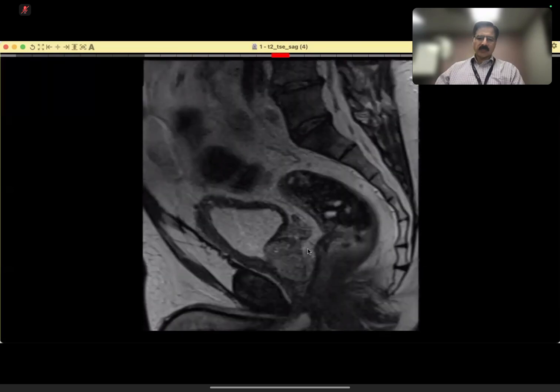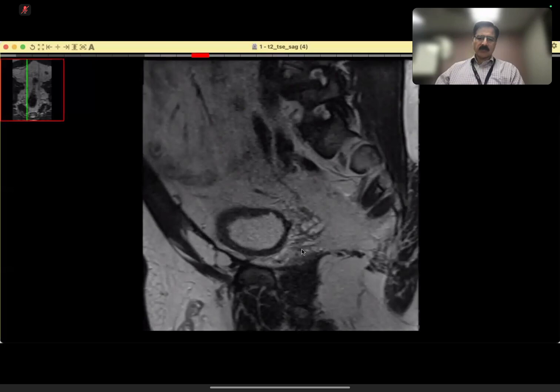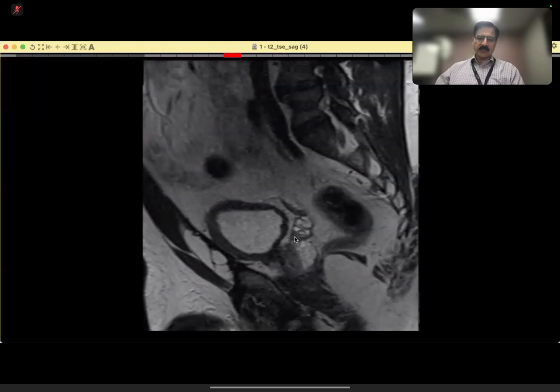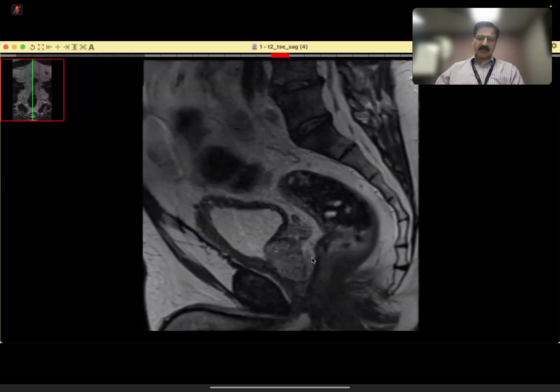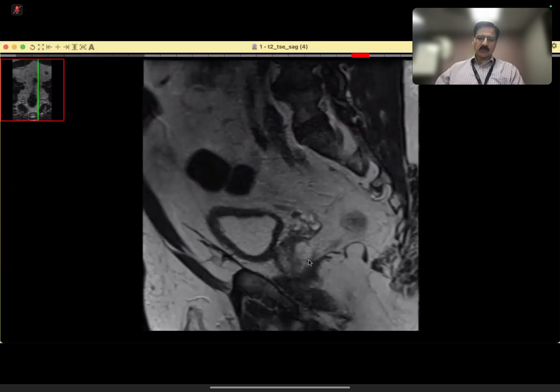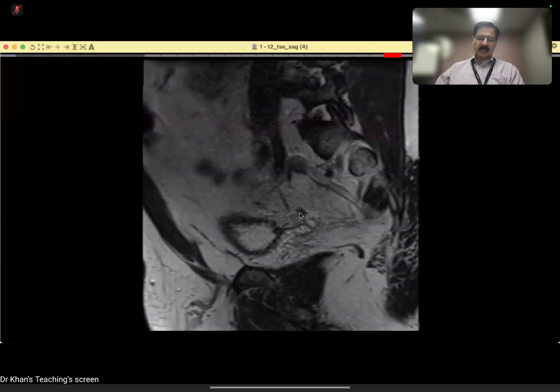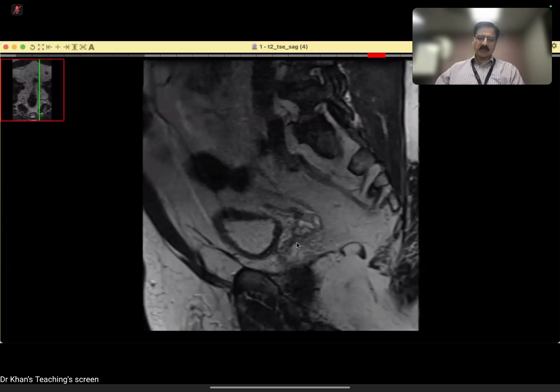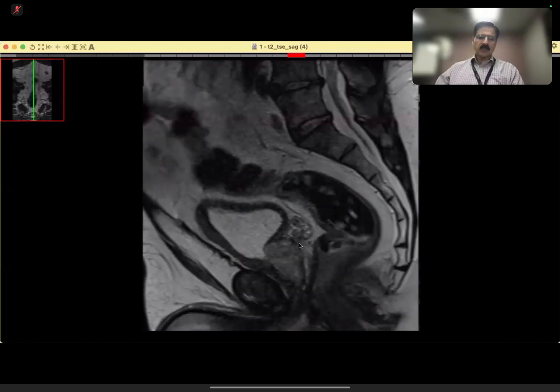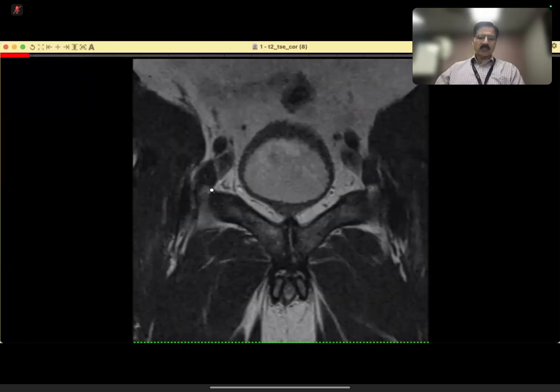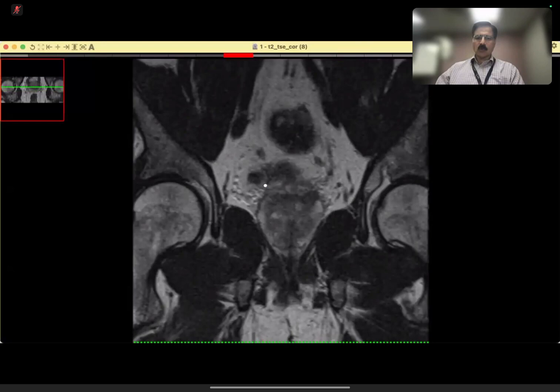So just concentrate on how the peripheral zone looks like. This is the seminal vesicle, and of course, this is the transition zone. I'm going to the other side, and so you can see the seminal vesicle on the other side. So as a habit, you must see all of these.